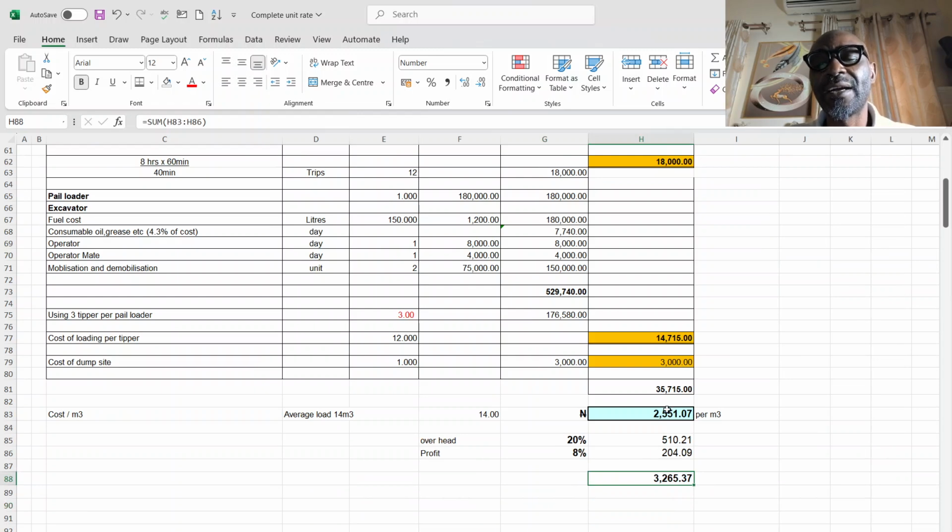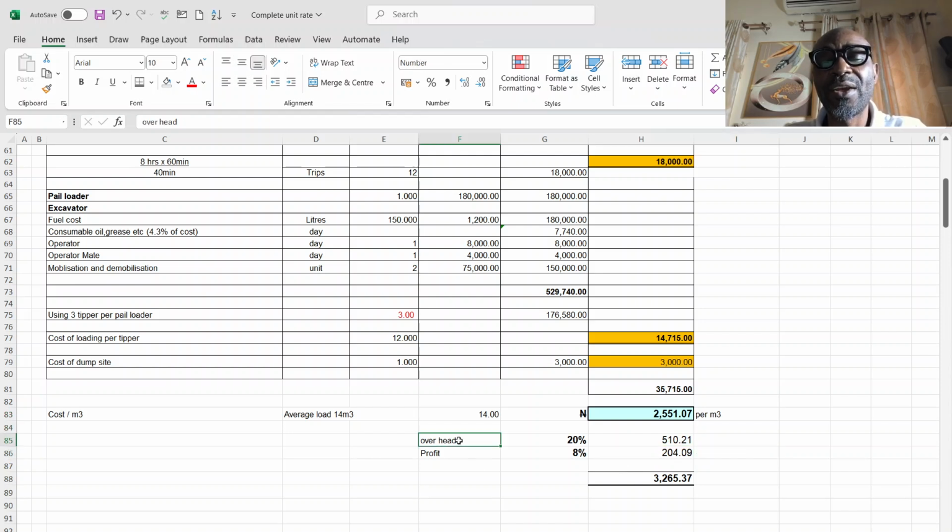Why? These two are your expenditure, because your overhead is expenditure, it's not profit. So these two will be expenditure, while this will be your profit, 204 naira per cubic.